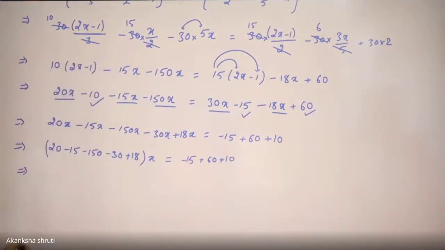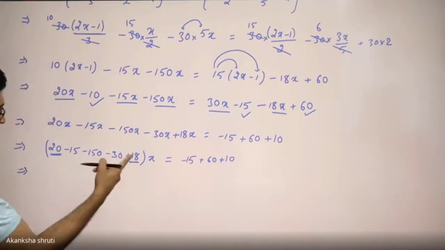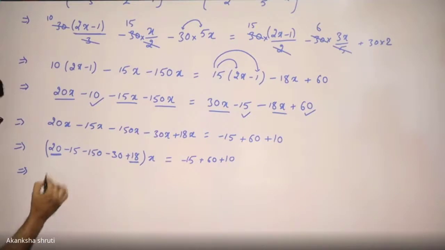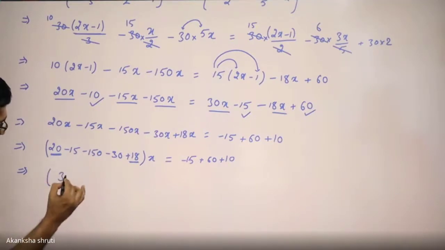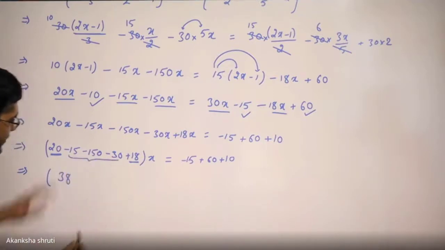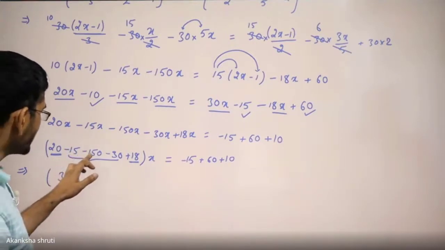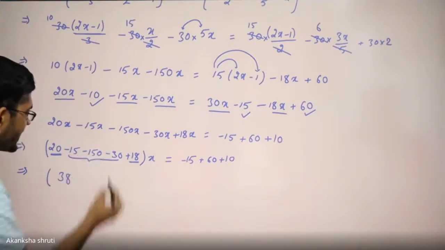Students, I hope till now you might be knowing how to add them. This 20 is positive, 18 is positive. Better one is to first add all the positive numbers. It turns into 38. Then the next better one is to add all the negative numbers. Minus of 15, minus of 150, minus of 30.